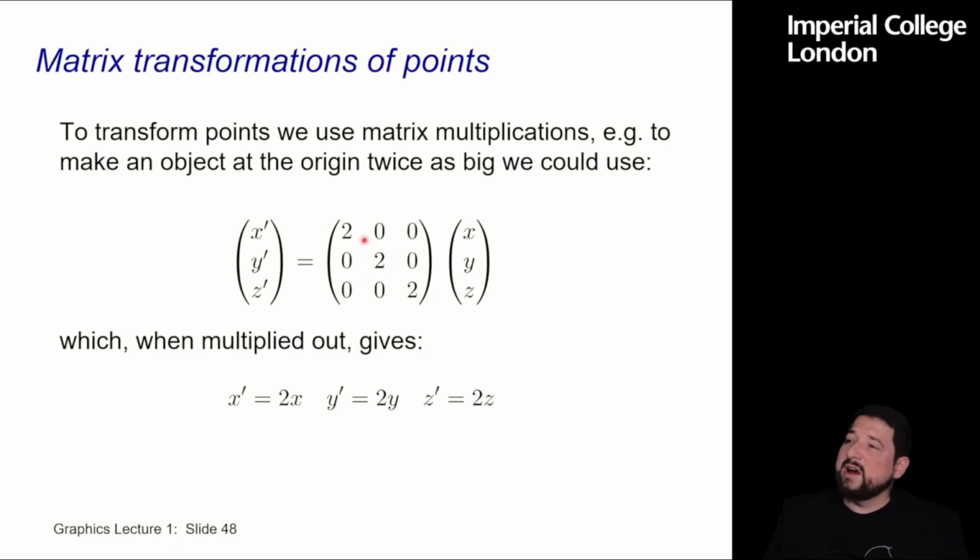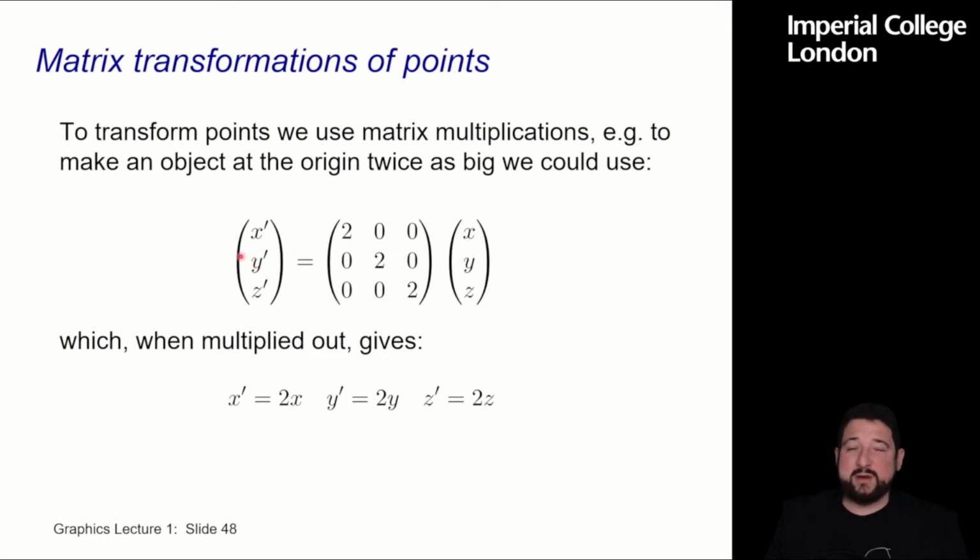So each of these components is just multiplied directly. So 2 times x plus 0 times y plus 0 times z, and then 0 times x plus 2 times y, and so on. You see what I mean. So this transforms this point to this new point.